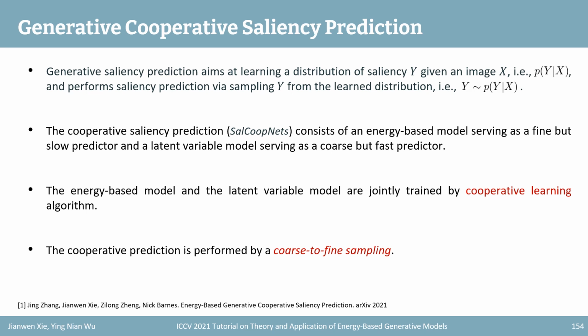The energy-based model and the latent variable model are jointly trained by a cooperative learning algorithm via MCMC teaching. Once the model is learned, the cooperative prediction is performed by a cooperative sampling. That is, given an input image, the energy-based model and the latent variable model cooperate with each other to output the results.